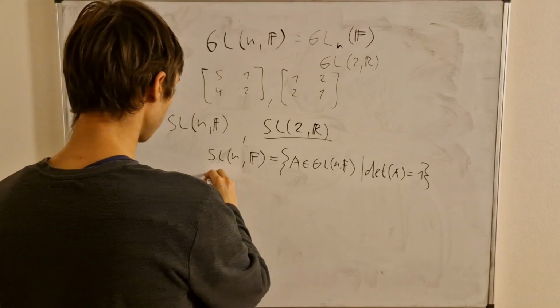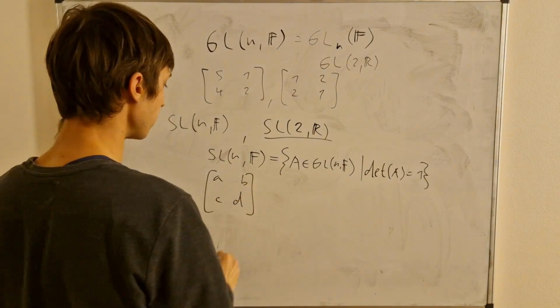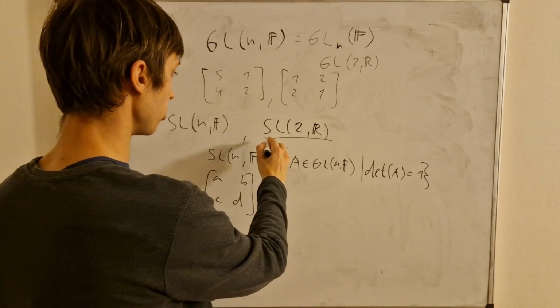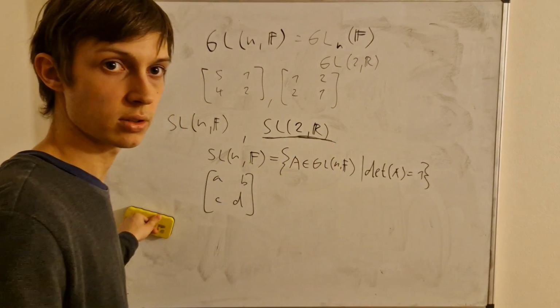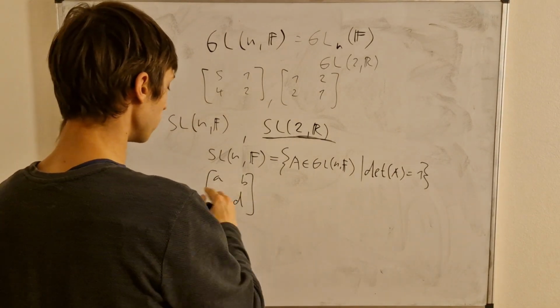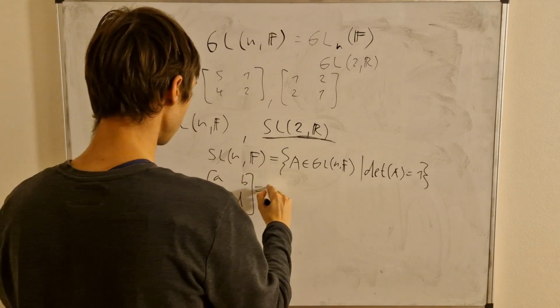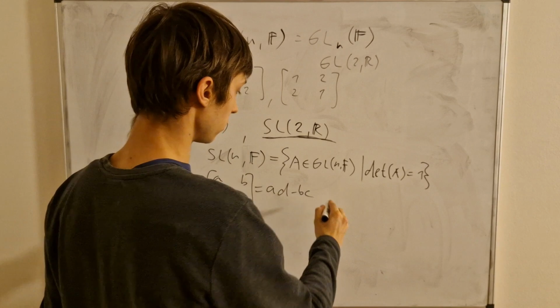So in general, I have A, B, C, D as four elements in 2 by 2. So I'm considering this real valued matrices 2 by 2 ones, square ones of course. And the determinant is AD minus BC. So what I want is that to equal 1.